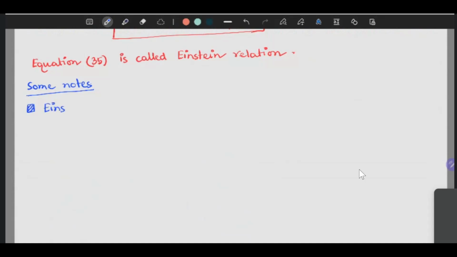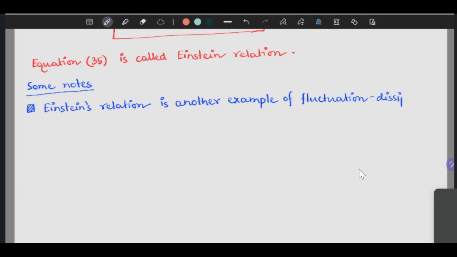Einstein's relation is another example of a fluctuation dissipation relation.